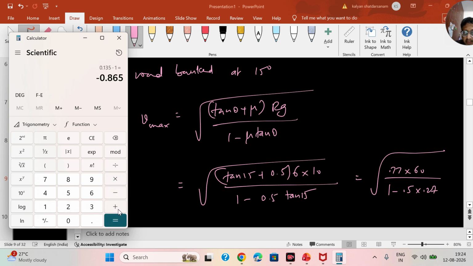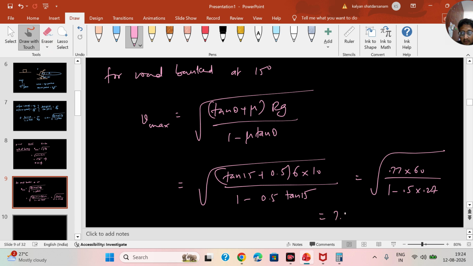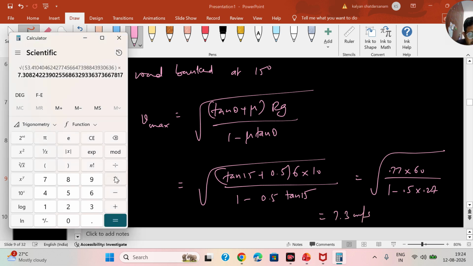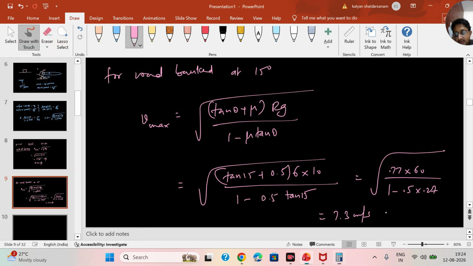If I subtract, 0.865, so 0.77 into 60 divided by 0.865, power half is 7.3 meters per second. If I convert into kilometer per hour, into 18 divided by 5, 26.3, that is 26 kilometer per hour.